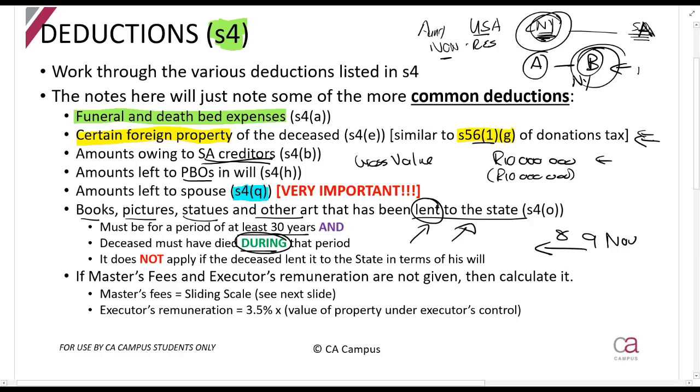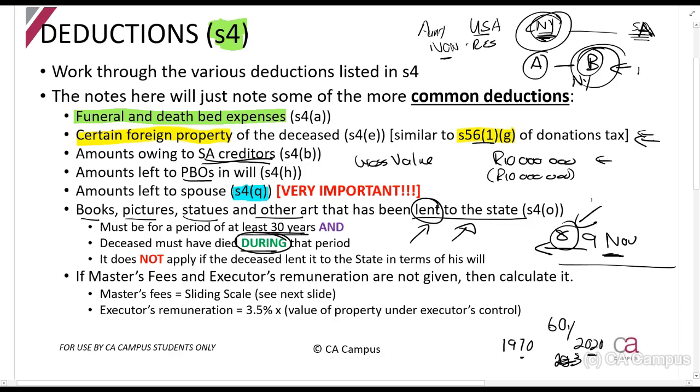So let's say I gave it to them the day before, on the 8th, then I died during the period. And it mustn't be on the date of death that there must be 30 years left. It must be on the date that I gave it. So let's say I gave it to them in 1970 for a period of, let's say, 60 years. And it is now 2020, so 50 years have passed, right?